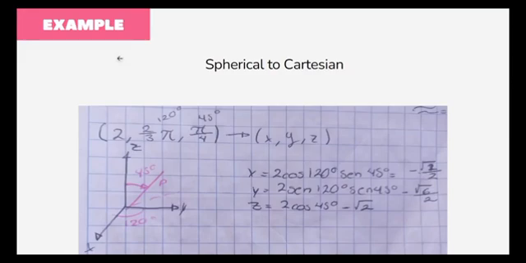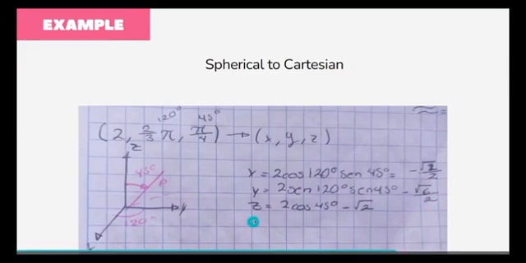Y is equal to 2 sine of 120 sine of 45, is equal to negative root of 6 over 2.